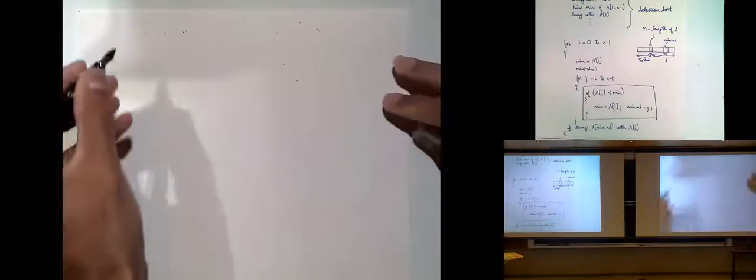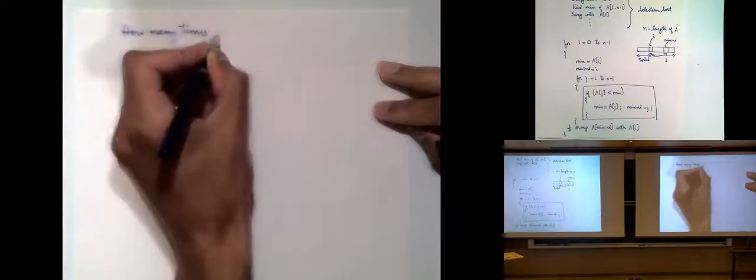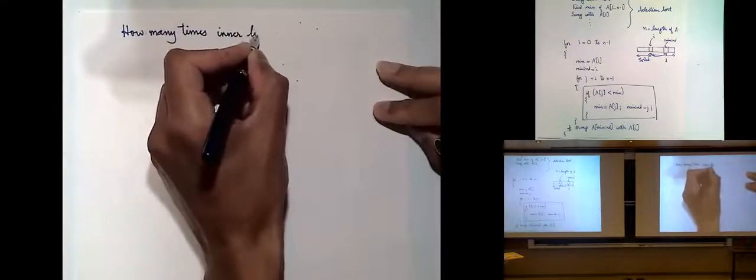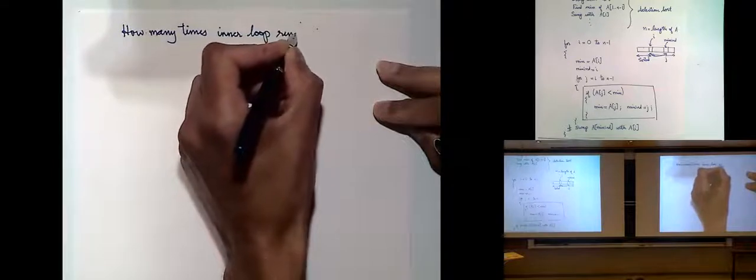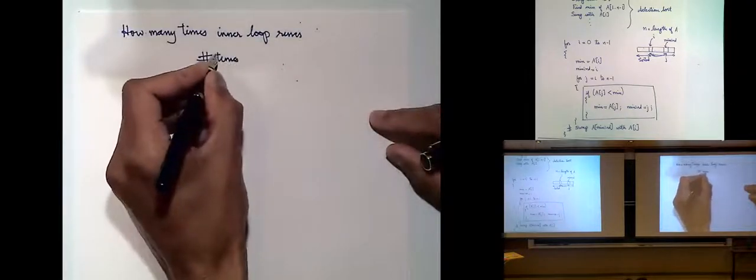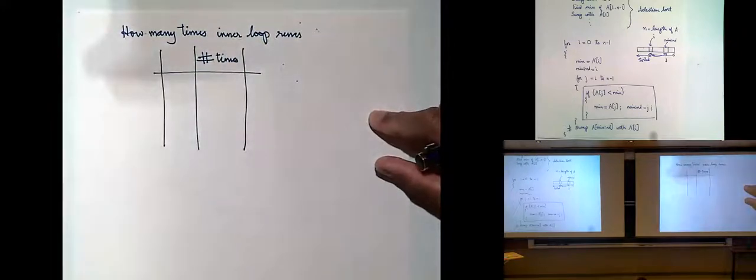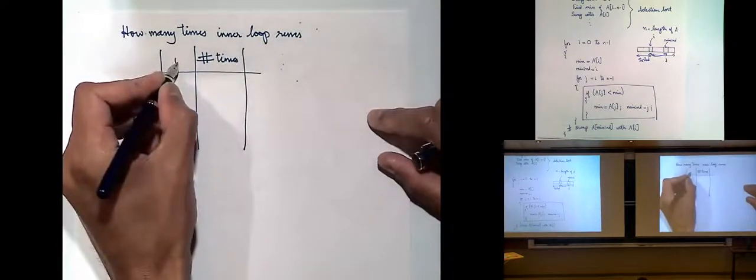So let's count how many times the inner loop runs. That's what I want to count, the number of times, with respect to i, because it depends on i.